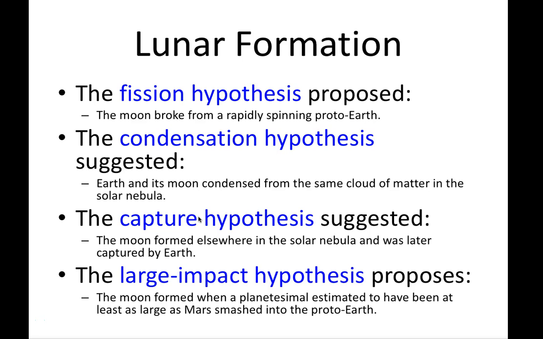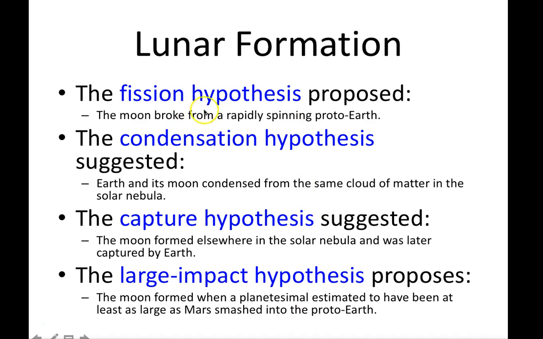Now we're going to talk about lunar formation. These are the major theories associated with it: fission hypothesis, condensation, capture, large impact hypothesis. And it's this last one that we currently believe to be the best explanation about why the moon is there.